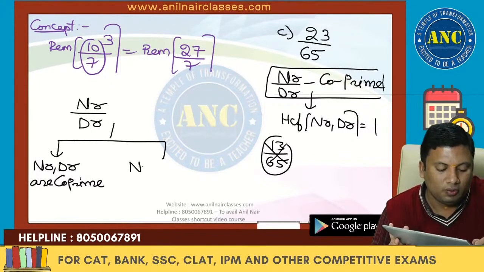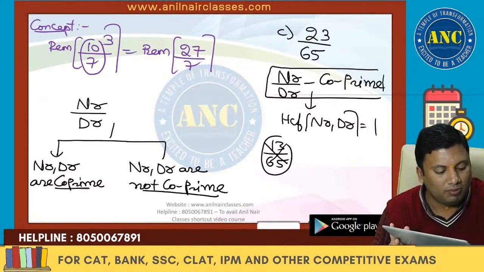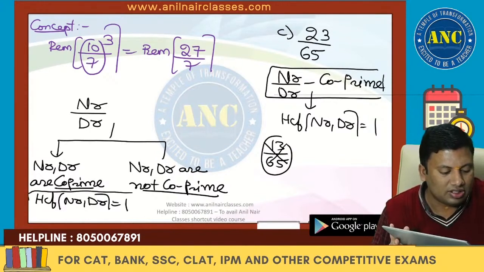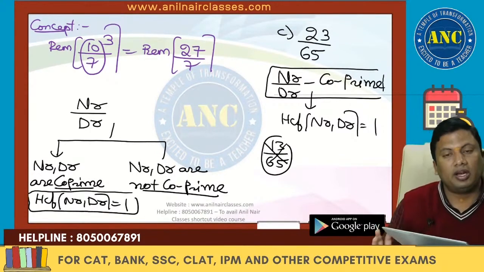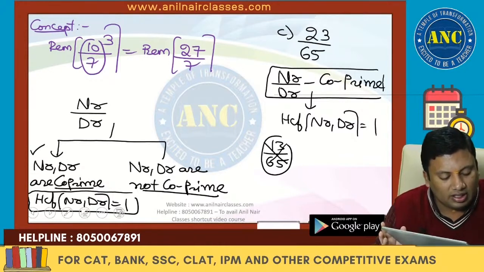Second case: they are not co-prime. We are still in case number 1. What do you mean by co-prime? HCF of the numerator and denominator is 1. So we will solve this case. Let me do it in the next slide.